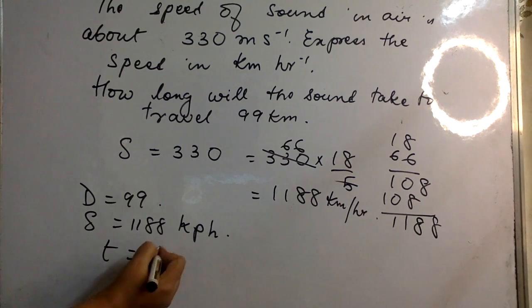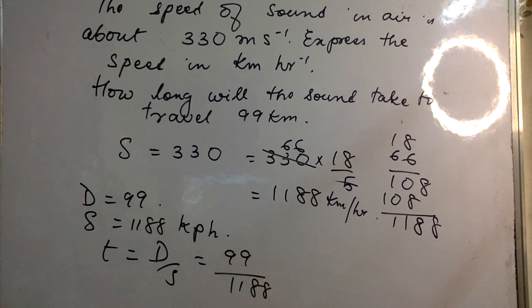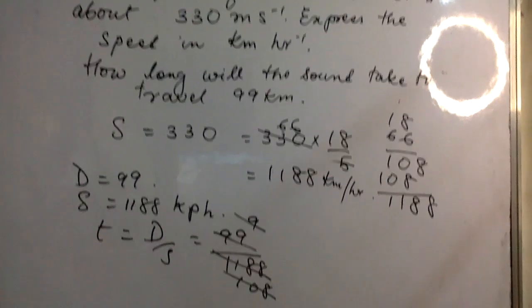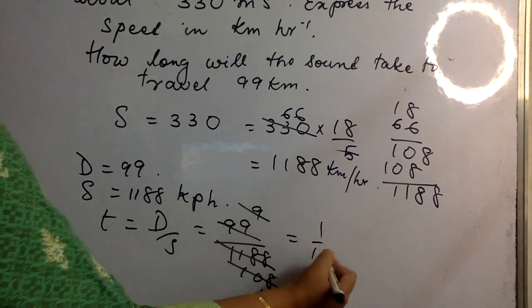Because they have asked for time, it is distance by speed, which is 99 by 1188. So that gives me 11, 9s are 9, this goes to 12. 9s are 12. So 1 by 12 hour.